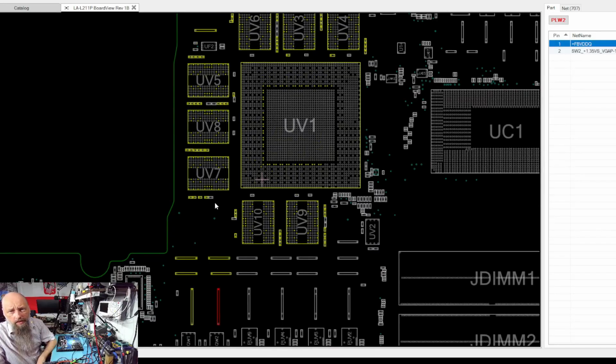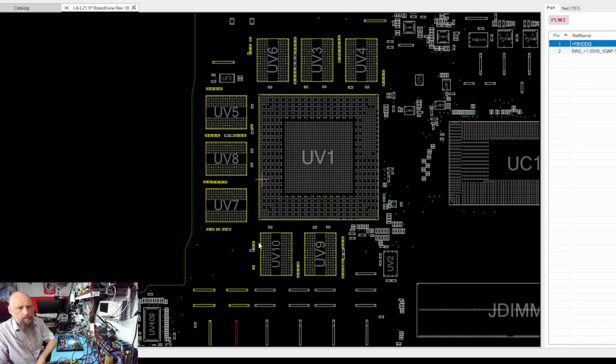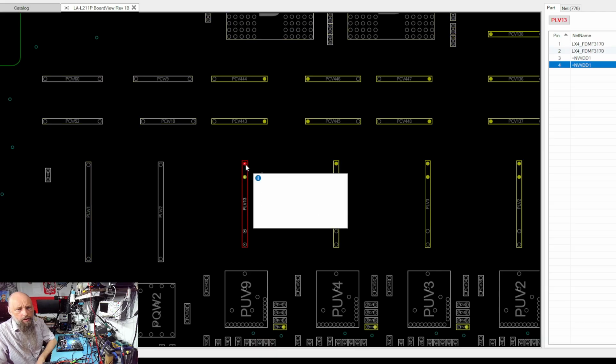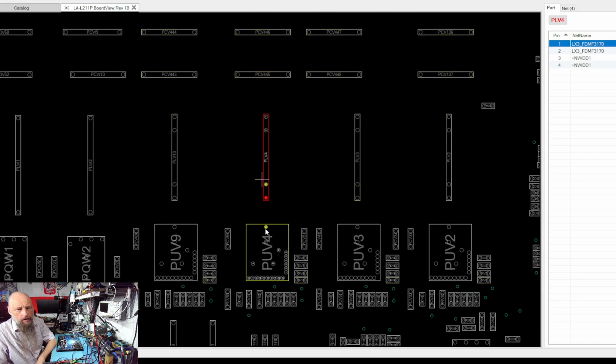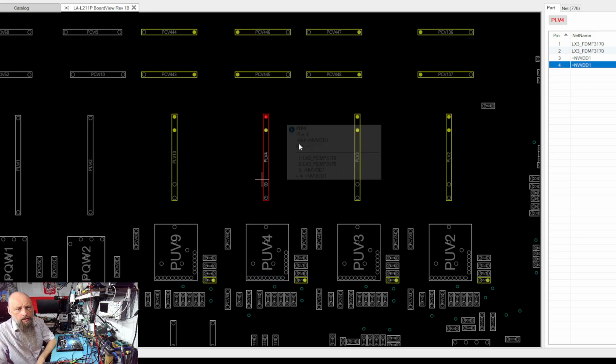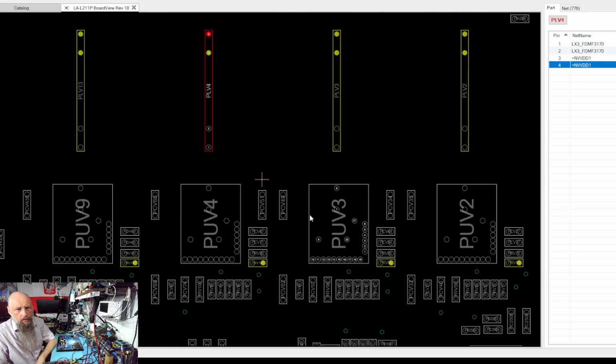Plus FB usually stands for feedback, but in this case we see that this supplies the memory, these 2. So our memory is good, but we have a short over here on all of these, right? They are connected through the coil, so if one of those is shorted, they're all shorted.